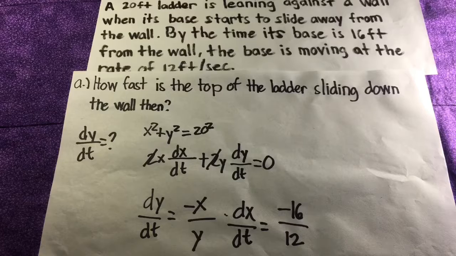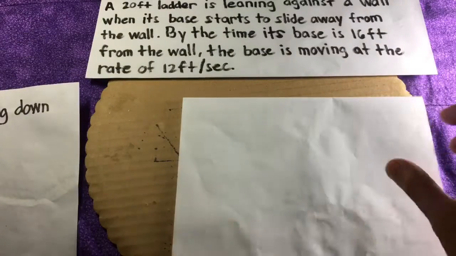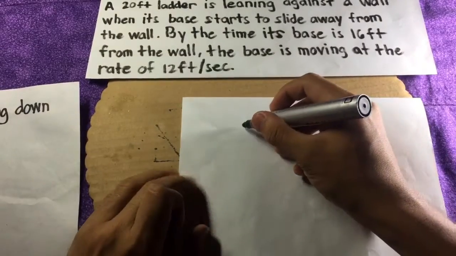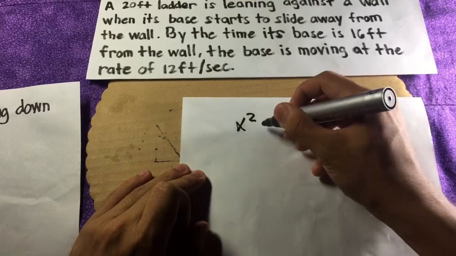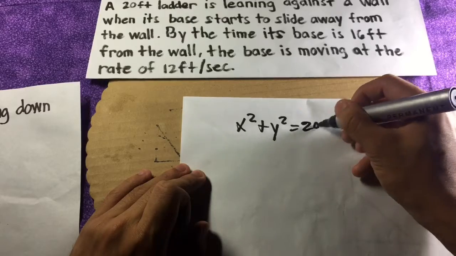Oh, I forgot to tell you, how did we get y? We got y because of the equation x squared plus y squared is equal to 20 squared.